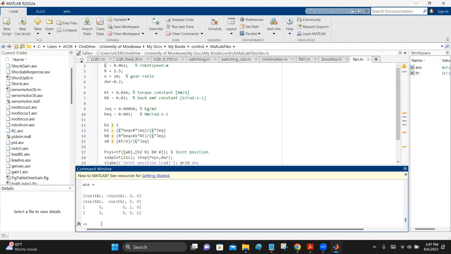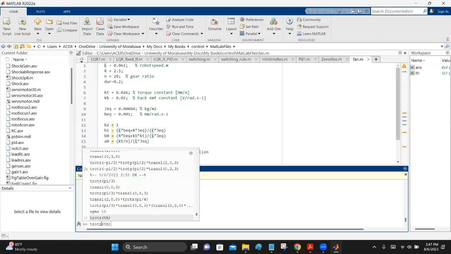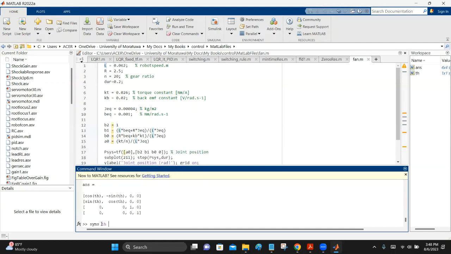If I do this using symbols, I need two symbols, theta and the other one is alpha, al. So I define two symbols now. You can see on the workspace, al for alpha, th for theta, and also another two symbols for the displacement.